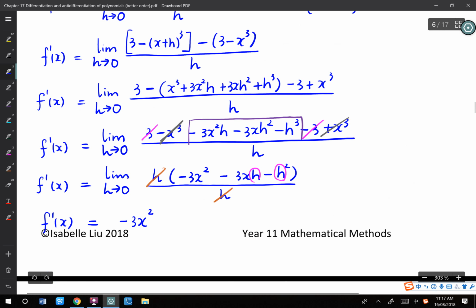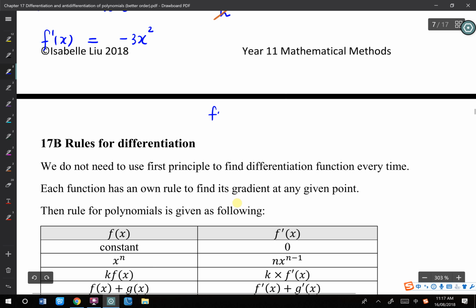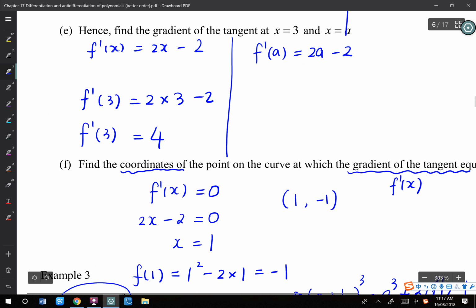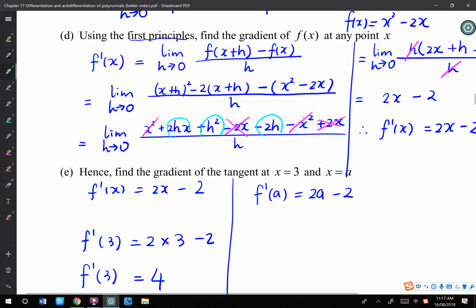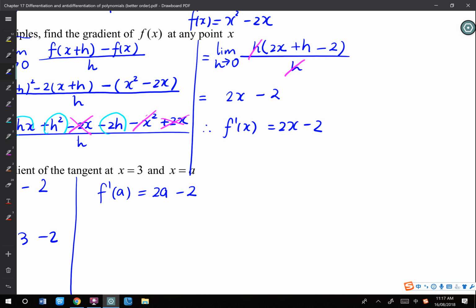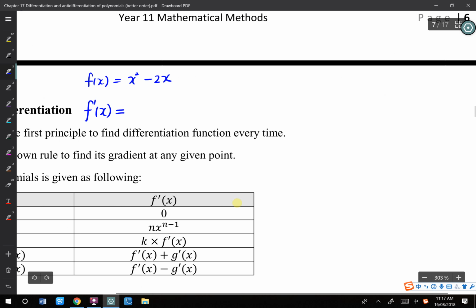You know I can use the first principle to help me work out the derivative, and we did so in question D. And in the end, we have an answer 2x minus 2. So we have 2x minus 2 here.